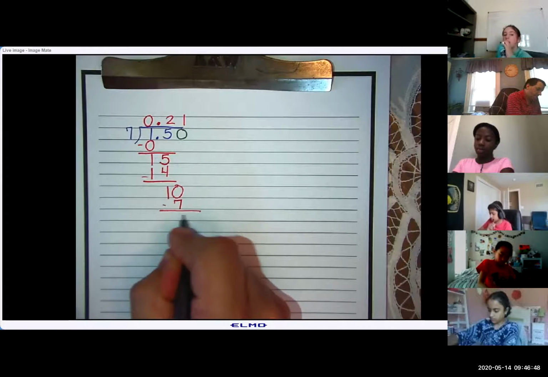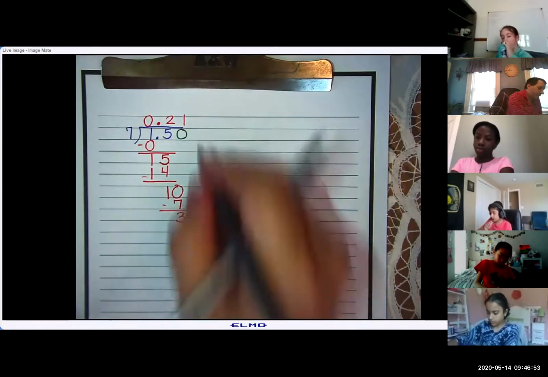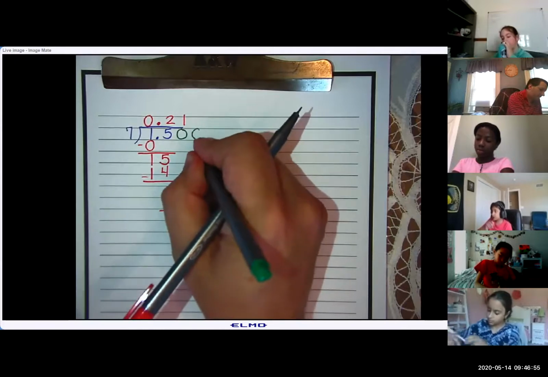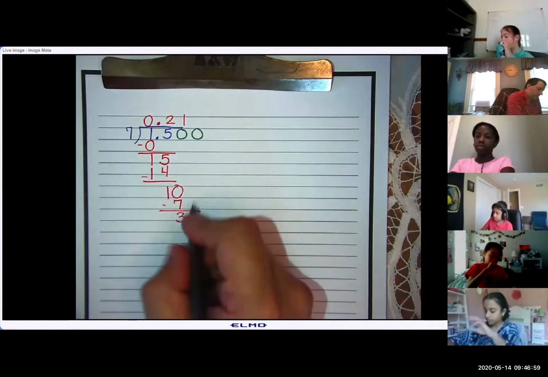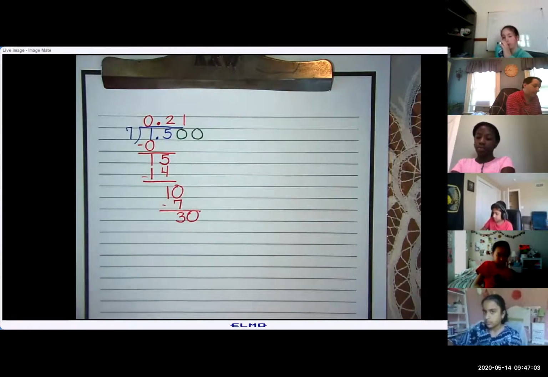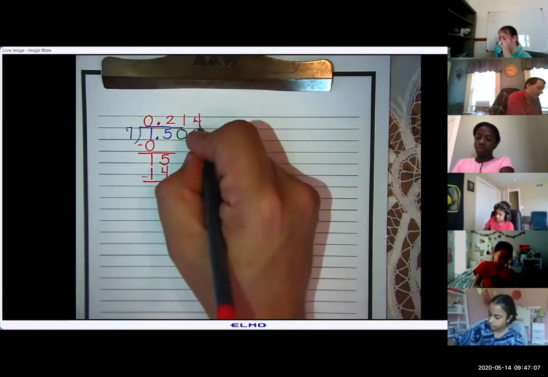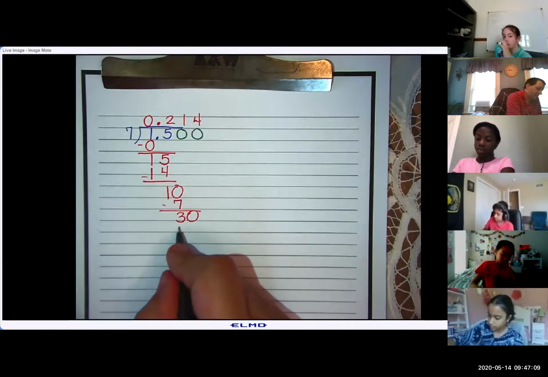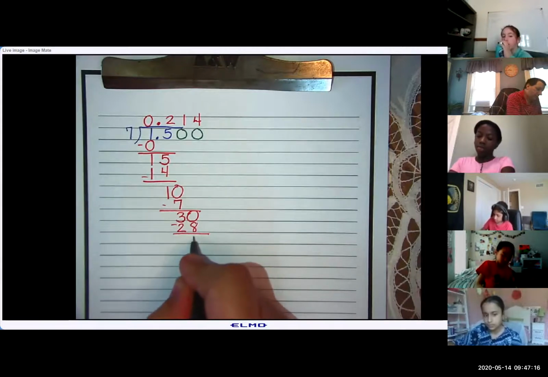And then you subtract 10 minus 7 to get 3. And then you add another 0 and bring it down. And then you do 30 divided by 7, which is 4. Perfect. Good girl. Keep going. Then you do 4 times 7, which is 28. And then subtract that to get 2.